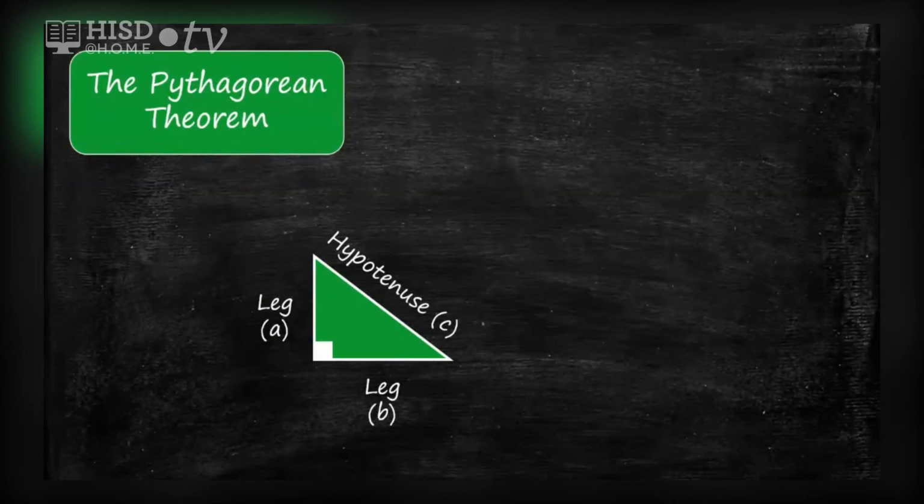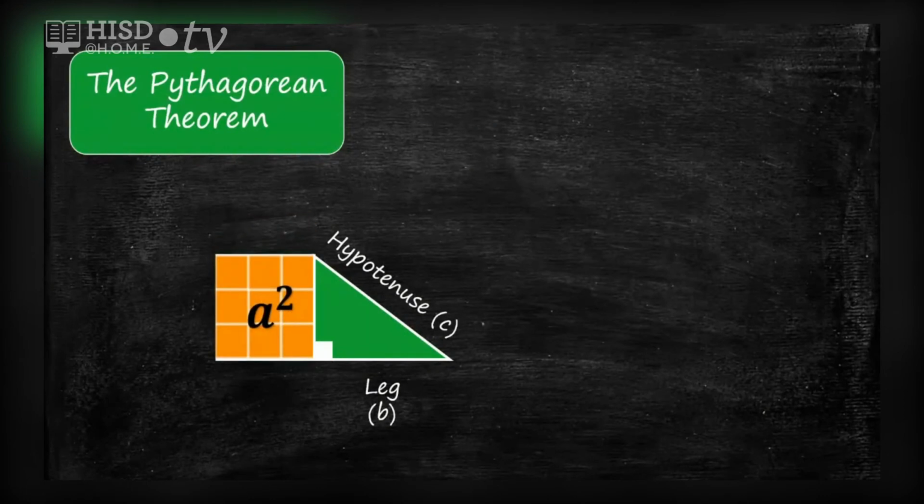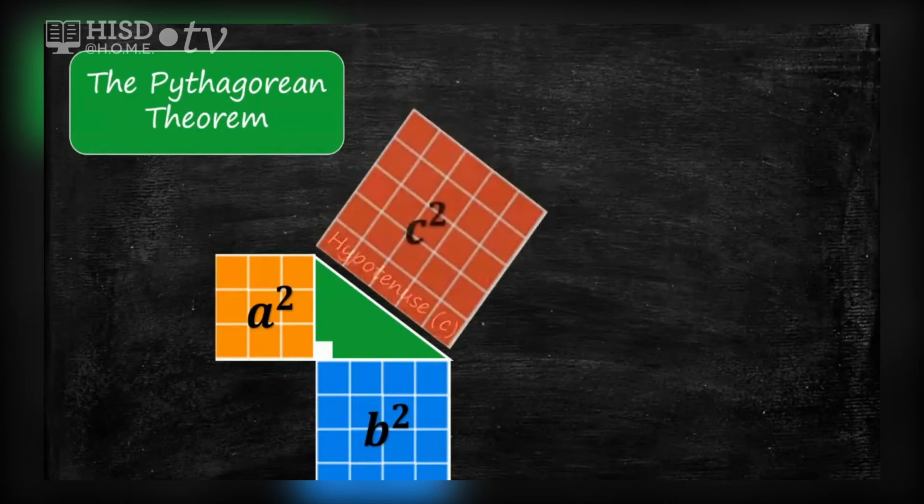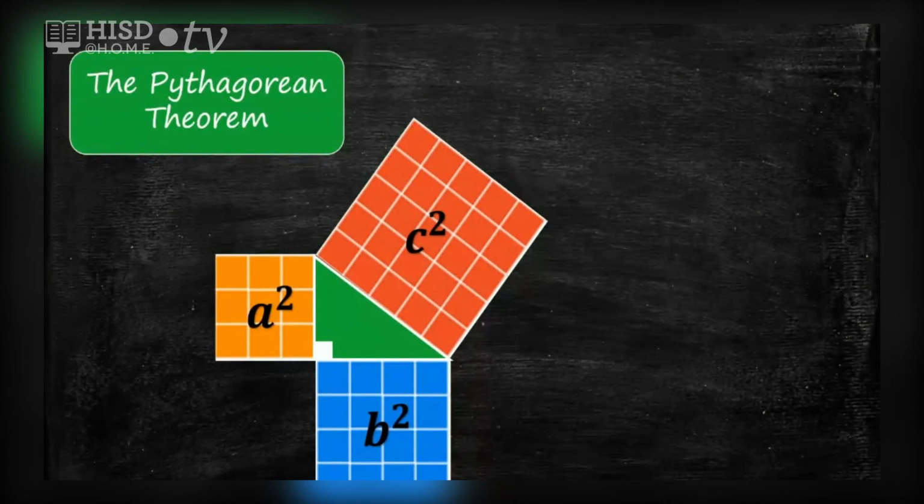What the Pythagorean Theorem shows is that the sum of the area of a square whose side is equal to leg A plus the area of the square whose side is equal to leg B, that sum is going to be equal to the area of the square whose side is equal to the hypotenuse C. And from there we get our formula that says a squared plus b squared is equal to c squared.